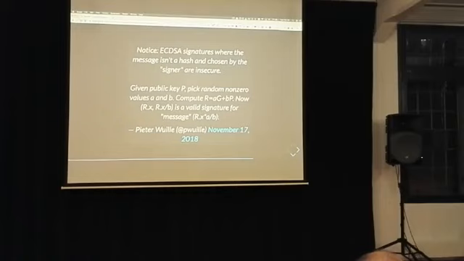Then I would hash it, and then I would be able to use this attack to figure out the signature for that hash. Essentially, that would break the entire ECDSA as we know it. So that would be very, very bad.